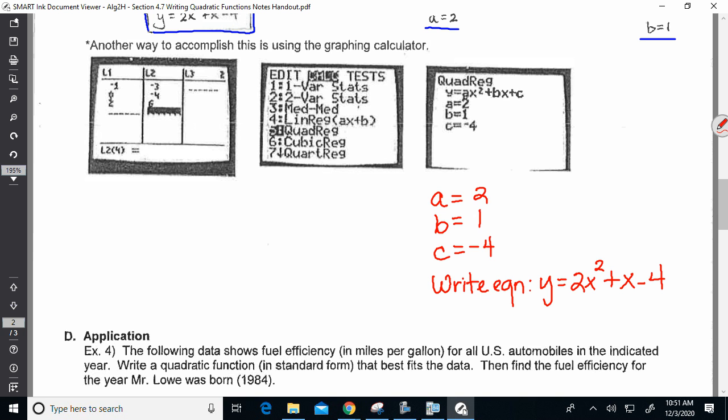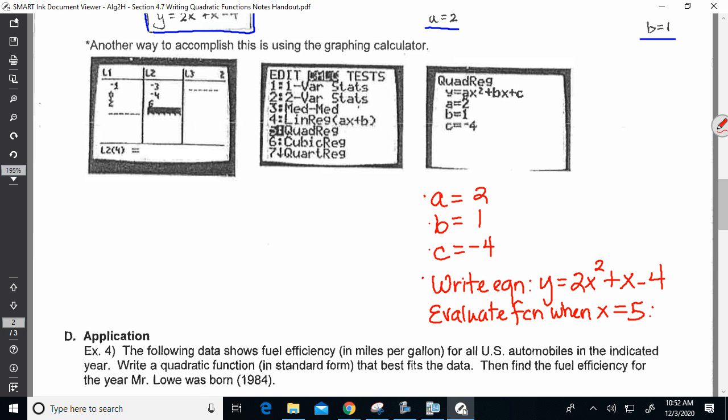Here's how I will find out whether or not you did it correctly. Once you do this, you're going to have another question sitting behind it saying, evaluate the function when x equals, pick any number you want, 5, whatever number is listed there.